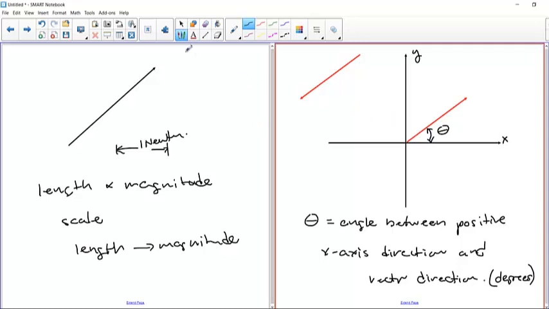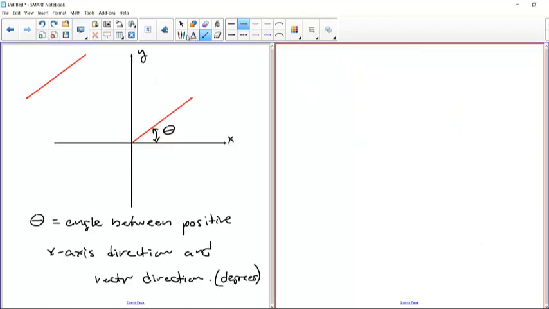So this one would be 90 degrees, this one would be 180 degrees, this one would be 270 degrees, and this would be 0 degrees. Those are the main directions, and you've had geometry, so I'm not going to belabor that point. Okay, so that's the direction.